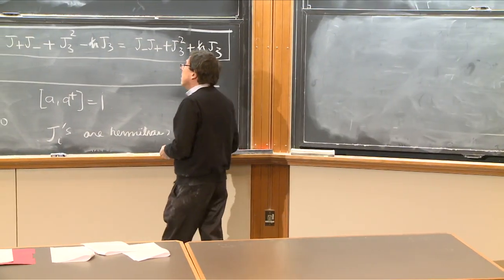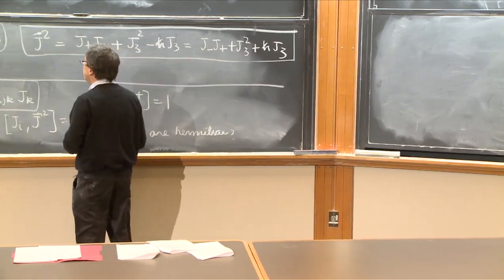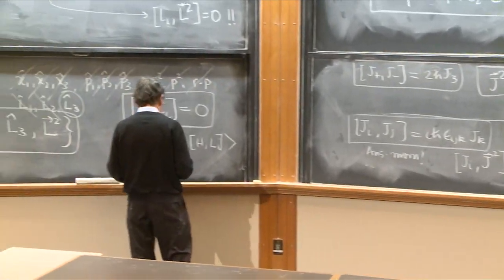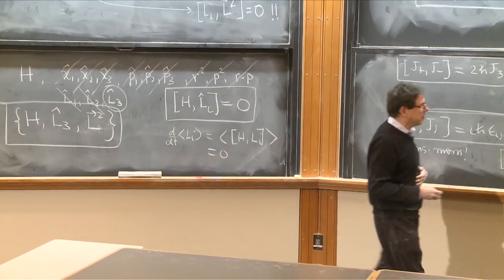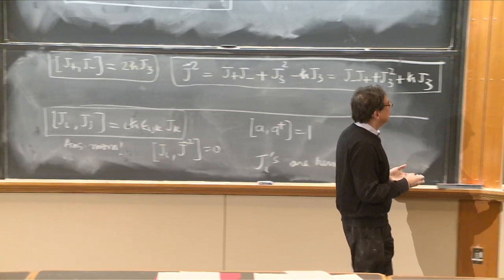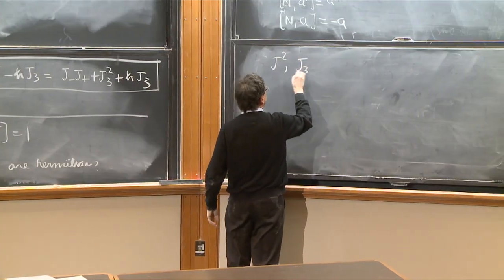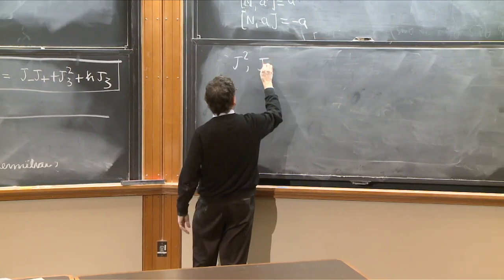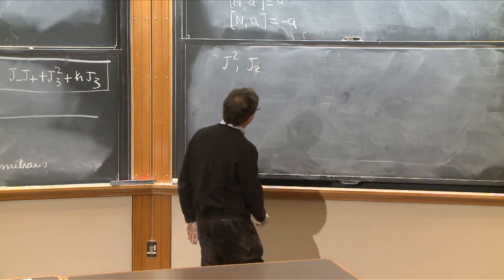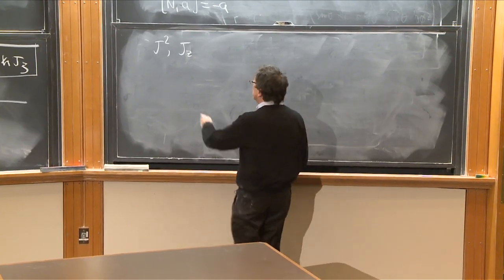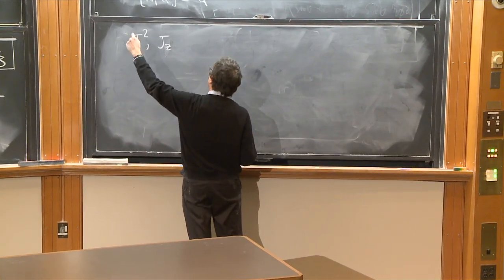So what do we have? We have to think of our commuting observables and the set of Hermitian operators that commute. So we have J squared and J3. I'll call it Jz now, apologies. And we'll declare that there are states. These are Hermitian, and they commute.